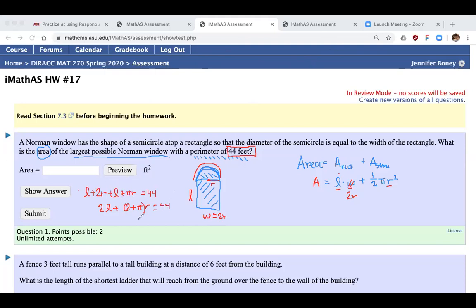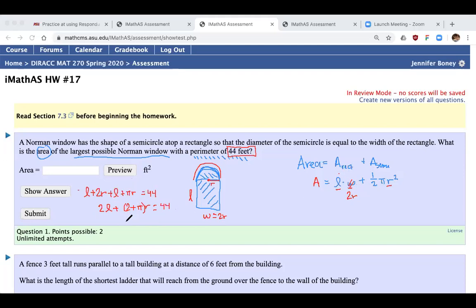So I could state either in terms of the other. I could solve this to say L equals something with R, or I could solve this to say R equals something with L, and either one is going to be a little bit messy, but based on the fact that if I want to replace R, I have to do it twice. If I want to replace L, I only have to do it once.